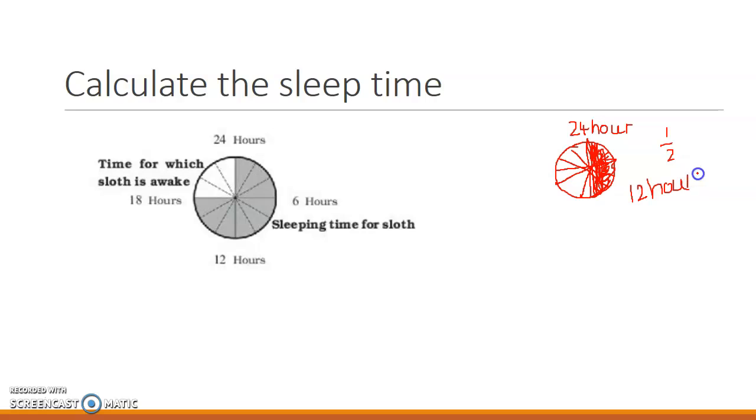So the lizard sleeps for 12 hours and it is awake for 12 hours. The general sleeping time for lizards is 9 to 16 hours. So here I have shown the lizard sleeping for 12 hours.